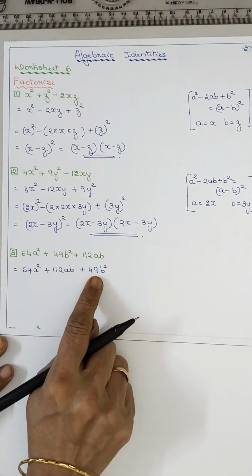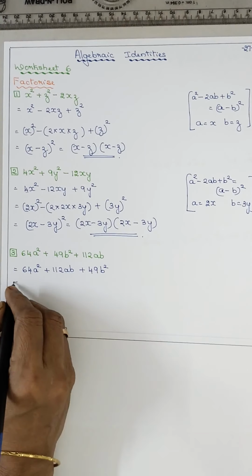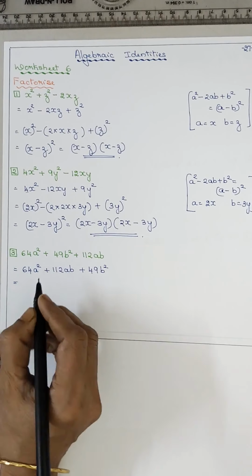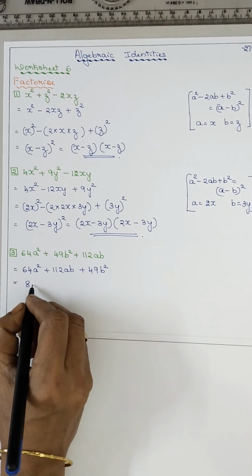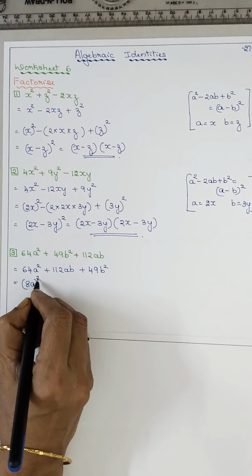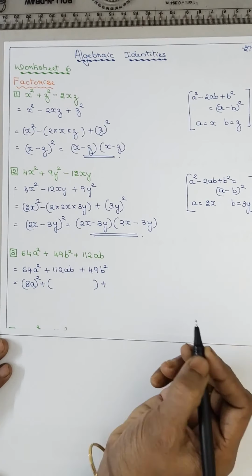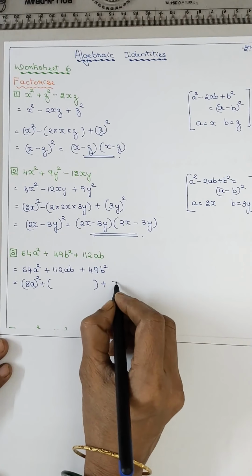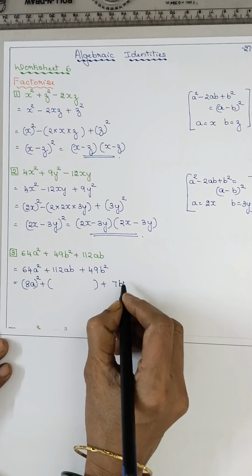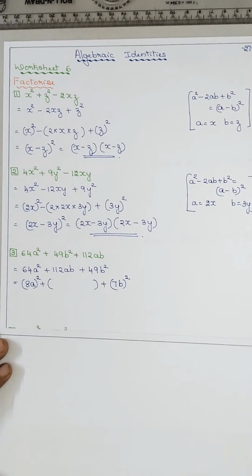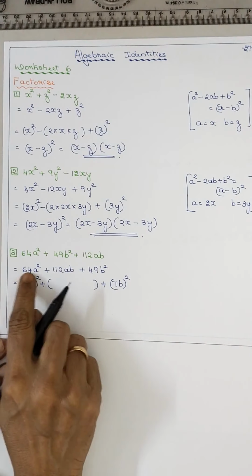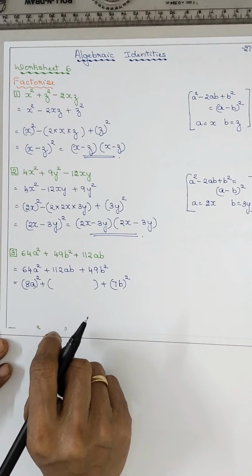Now again these are not in the correct way, isn't it? So it is 8 squared is 64, so 8a the whole square plus 49 can be written as 7 squared, so 7b the whole square.